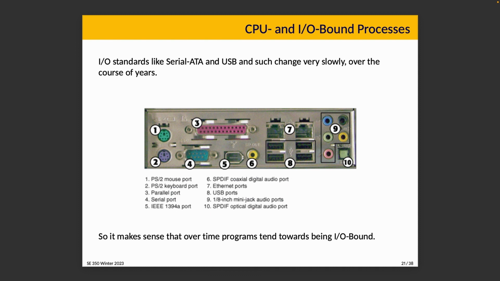But these things do still exist, right? So over time, it makes some amount of sense that we end up trending towards programs being I/O bound. When there is a jump forward in device speed, like USB 2 to USB 3, it tends to be a pretty large jump, and it's pretty dramatic, but then it plateaus for a long time. So over time, programs tend towards being I/O bound.